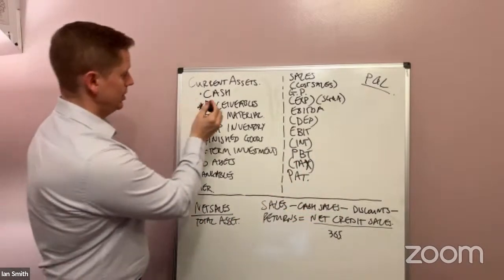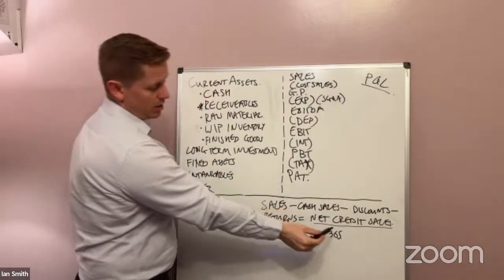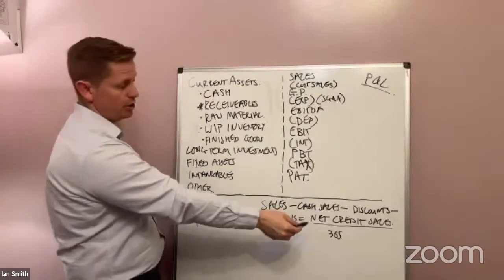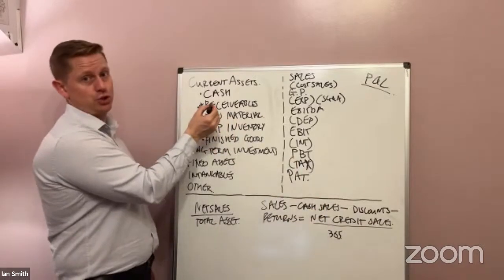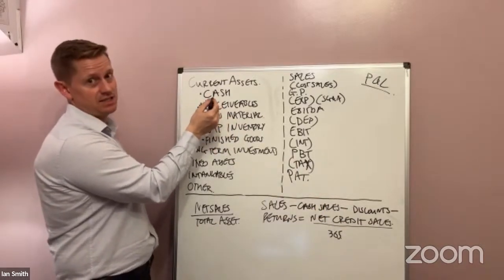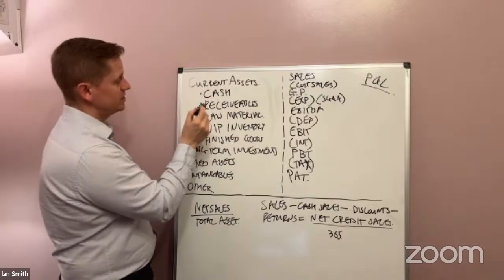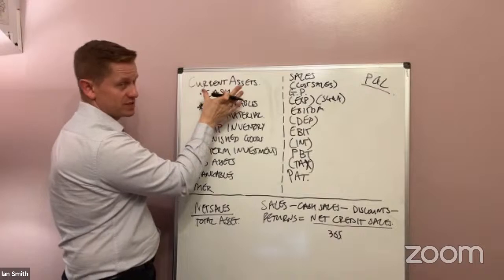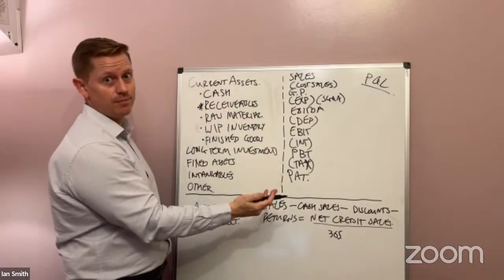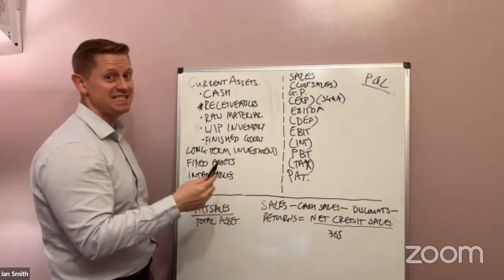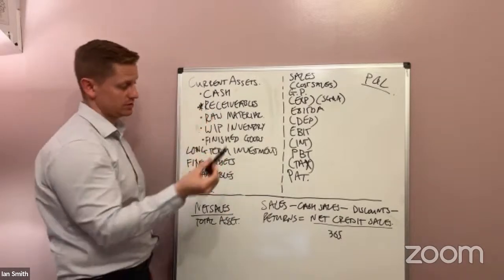Now we need to look at the receivables, because we know how much sales are issued per day on credit, and we know how much receivables have been allocated as current assets in the balance sheet. So now we need to take accounts receivables over credit sales per day. So that tells us how many days it takes to receive the receivables.